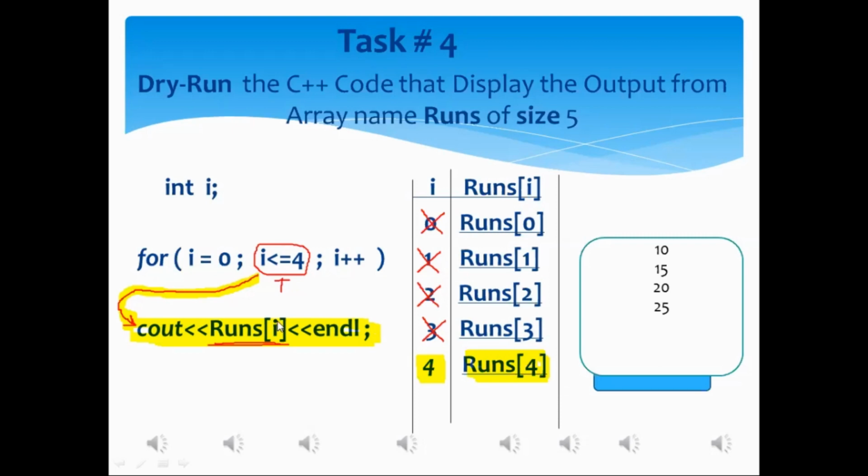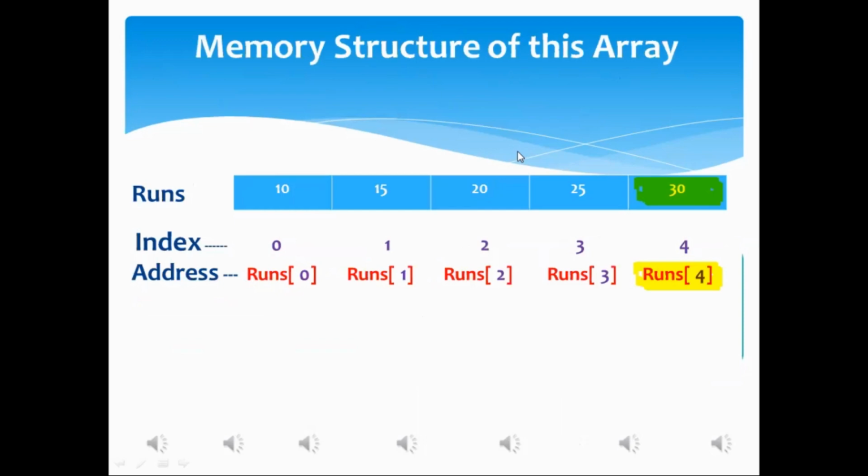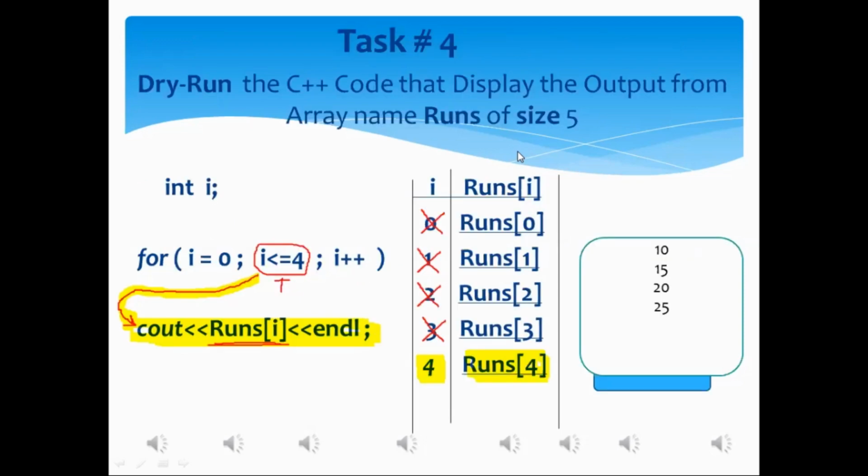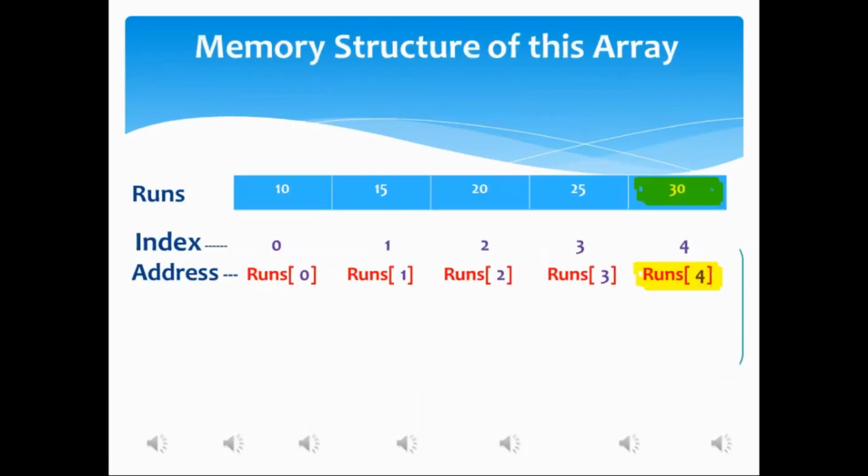And now, to know what had been stored earlier in the fifth memory location, I am taking you to the virtual visit to the memory structure. Now, do tell me what has been stored in the fifth memory location of the array. 30, sir. 30.